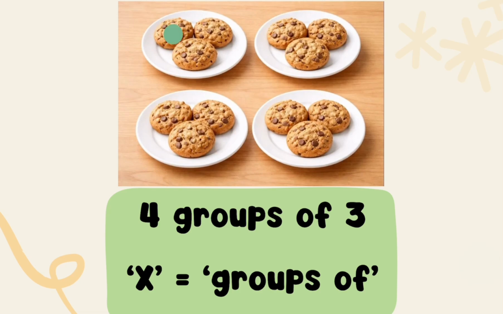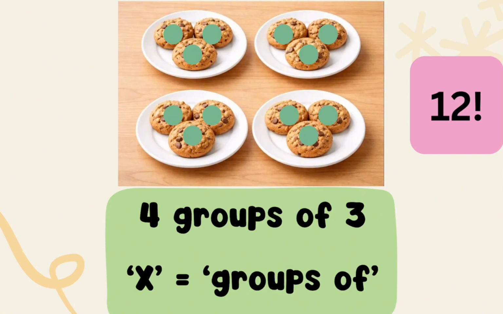Let's count and figure out how many cookies 4 groups of 3 is. 1, 2, 3, 4, 5, 6, 7, 8, 9, 10, 11, 12. That means that the answer to 4 groups of 3, or if you're a little older, you can say 4 times 3, is 12. Gosh, that seems like something else I already know how to do.